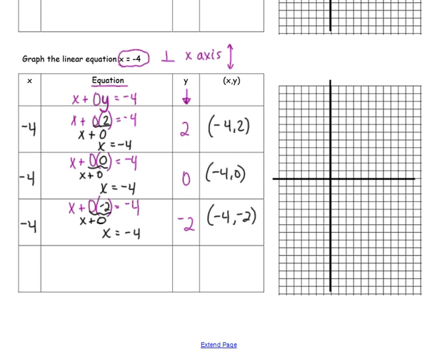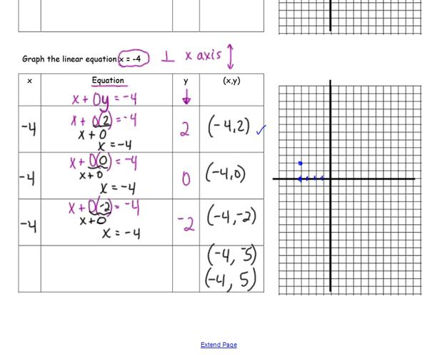You'll see that no matter what you use for y, your x is always going to be negative 4. So you could just pick any number you want. You could do another negative if you wanted to. You could do another positive if you wanted to. All right, so we go over to negative 4, 1, 2, 3, 4, and then up to 2. Our next ordered pair, negative 4, 0.